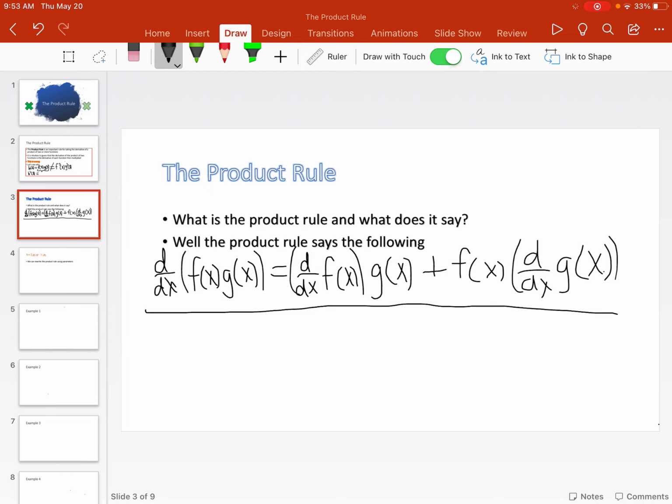So what you're seeing here is that each one of the functions gets a unique turn to get its derivative taken, and it's placed in its unique term. So you take the derivative of one of the functions and multiply it by the remaining functions.